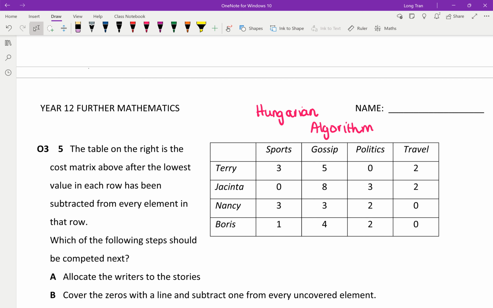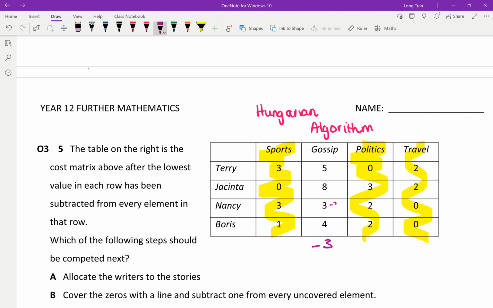Usually after you do the row, then you ensure that every column has a 0. Now this column in sports has a 0. This column has a 0. This column has a 0. So the only one that's missing a 0 is gossip. And then you subtract all of those terms there by the smallest value, which is 3.